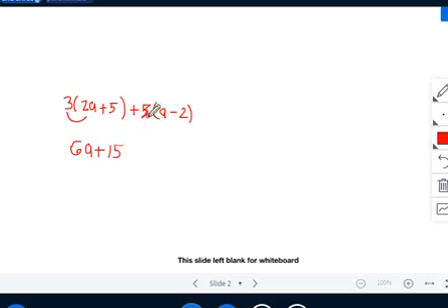Now 5 multiplied by a is 5a, and 5 multiplied by minus 2 is minus 10. Now if you add 6a and 5a, you'll get 11a. And 15 minus 10 will give you 5. So final answer is 11a plus 5. These two are positives, right?